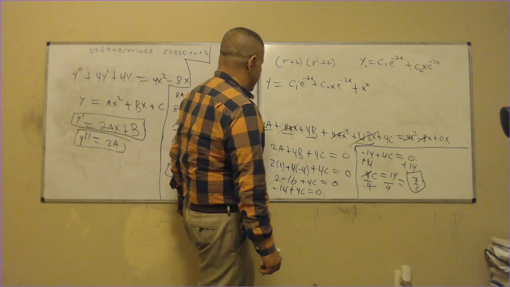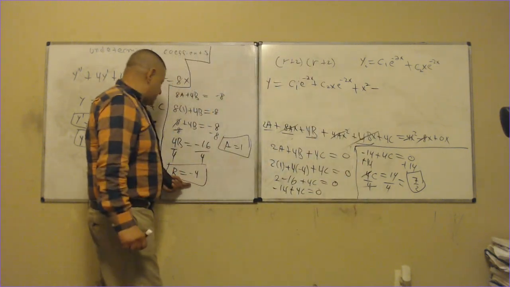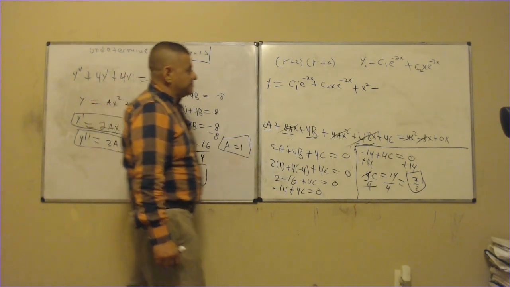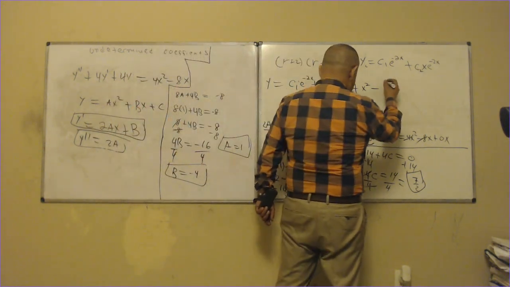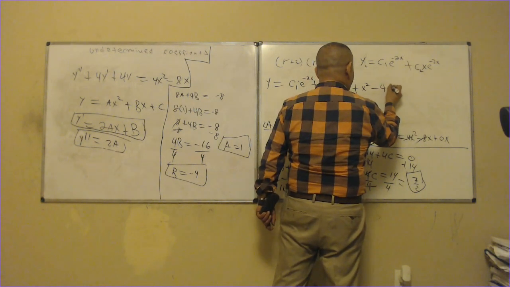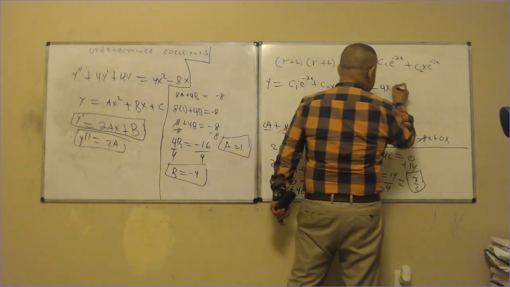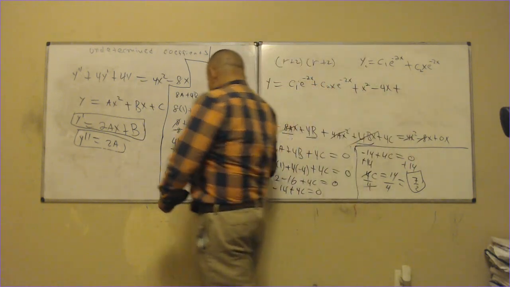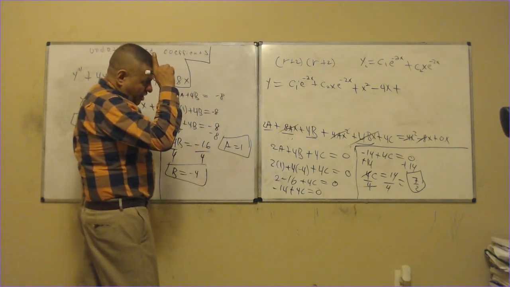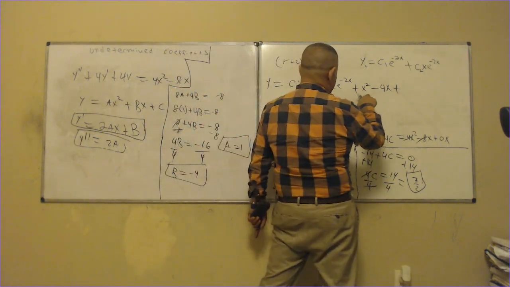And then it's going to be minus. Technically it's supposed to be plus, but in this case it's minus because that's the value for b. So now it's going to be negative 4x, right? And then last but not least, it's going to be the value of c, which is a constant.